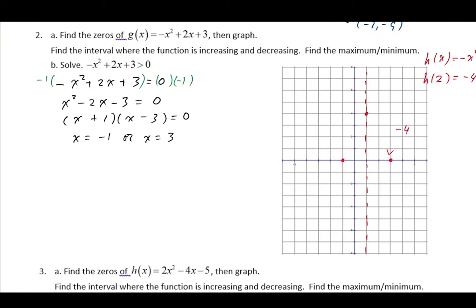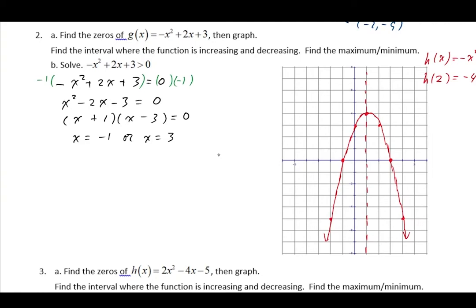Okay. Now, using our pattern, going down by 1, and then 3, and then by 1, 2, 3, 4, 5. Like that. So my parabola will look like this.